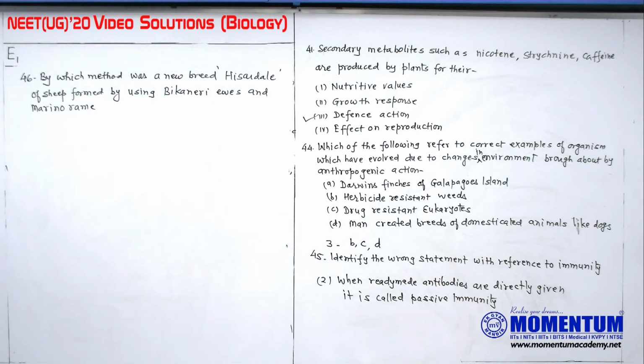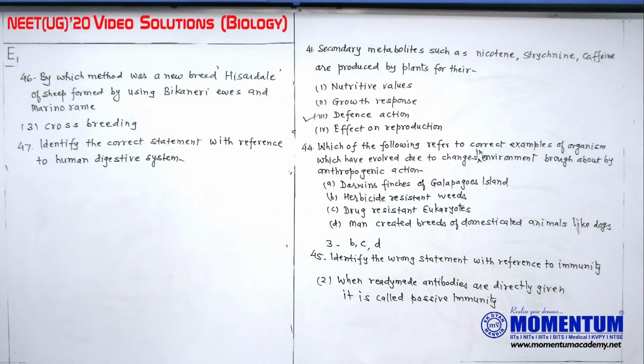Correct option is cross breeding. 47: identify the correct statement with reference to human digestive system, that is number 3. Ileum is a highly coiled part, that is the correct option.